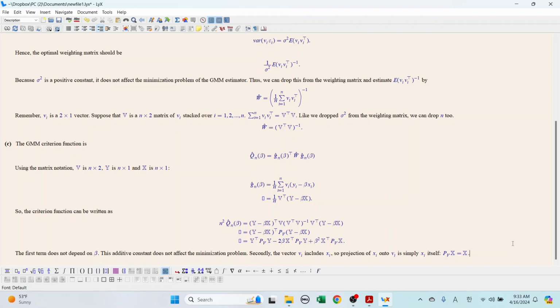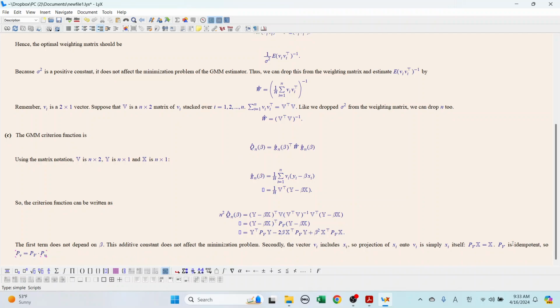And also, the projection matrix is idempotent. So you may rewrite P_V as P_V times P_V prime, idempotent and symmetric.